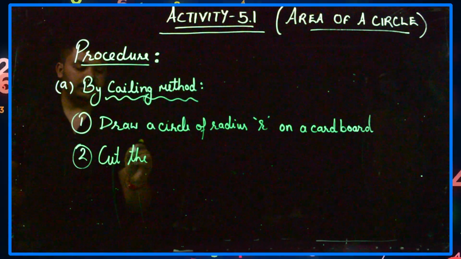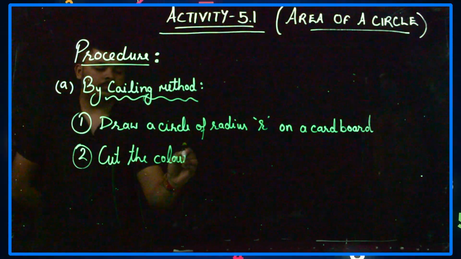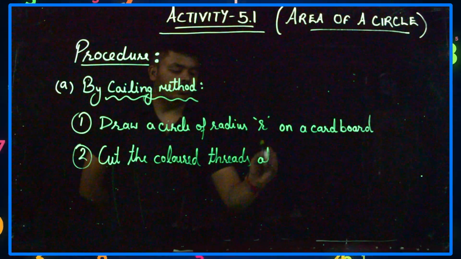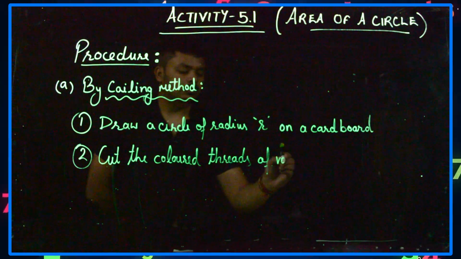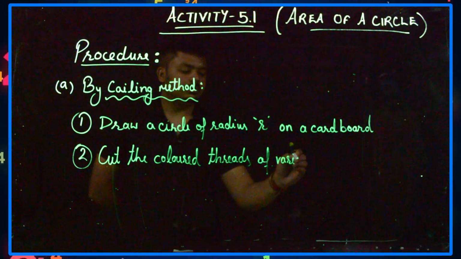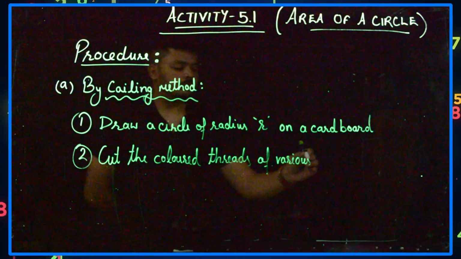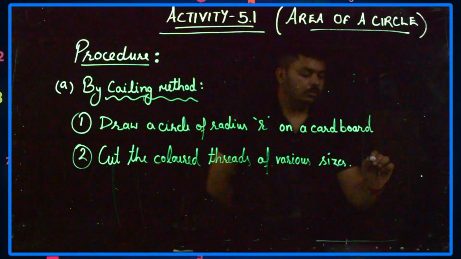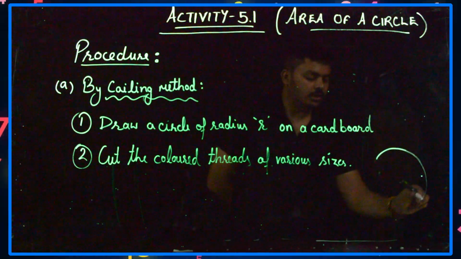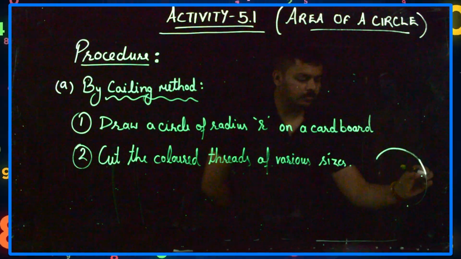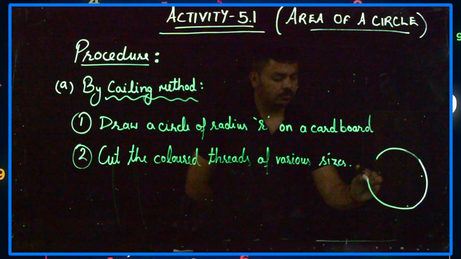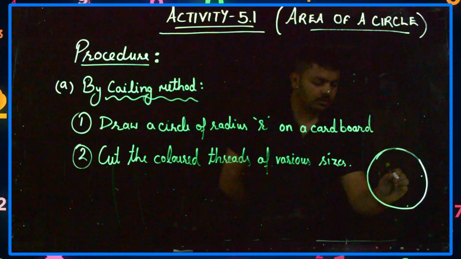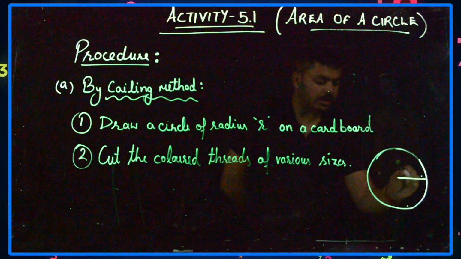Cut the colored threads of various sizes. Suppose this is our circle of radius r, that is, its radius is r.